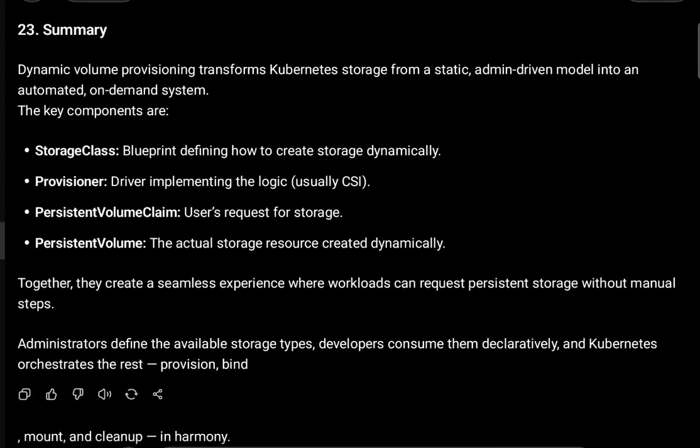Summary. Dynamic volume provisioning transforms Kubernetes storage from a static, admin-driven model into an automated, on-demand system. The key components are: the storage class, a blueprint defining how to create storage dynamically; the provisioner, the driver implementing the logic, usually CSI; the persistent volume claim, the user's request for storage; and the persistent volume, the actual storage resource created dynamically.